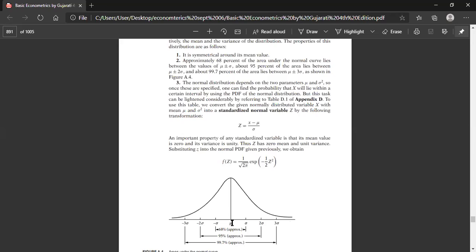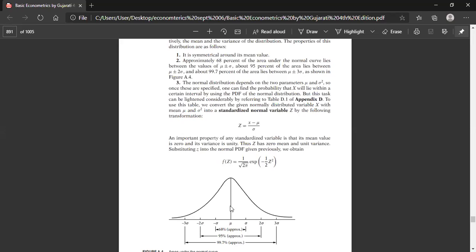So what is this whole area under this curve? What should be the area? Yes, thank you. 1.